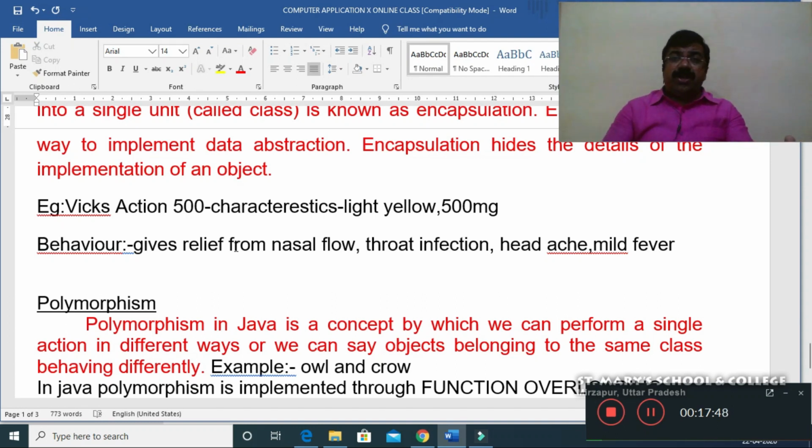When we consider a famous cricketer, Sachin Tendulkar, the moment we say his name, his characteristics, his height, come to your mind: 5 foot 5 inches. And his behavior, we can say, is well appreciated. He is a gentleman on the field as well as outside the field. So when it is bundled together, we say it is an object.